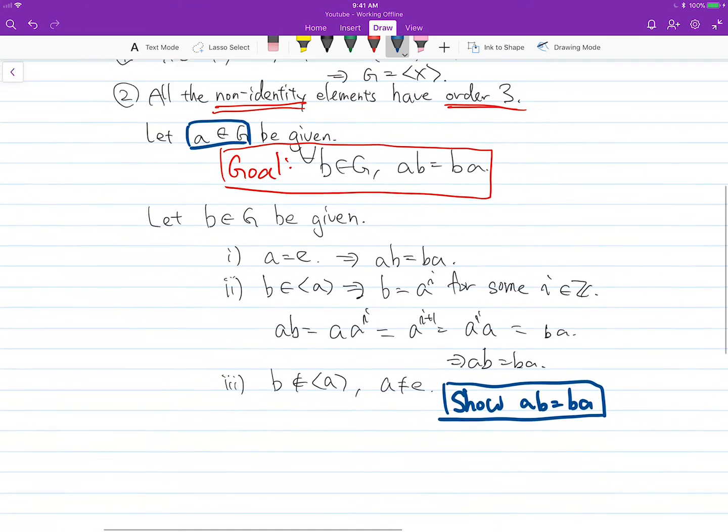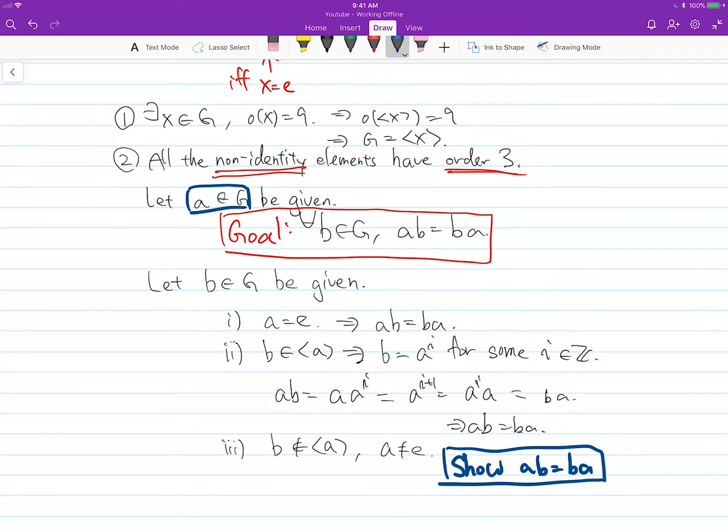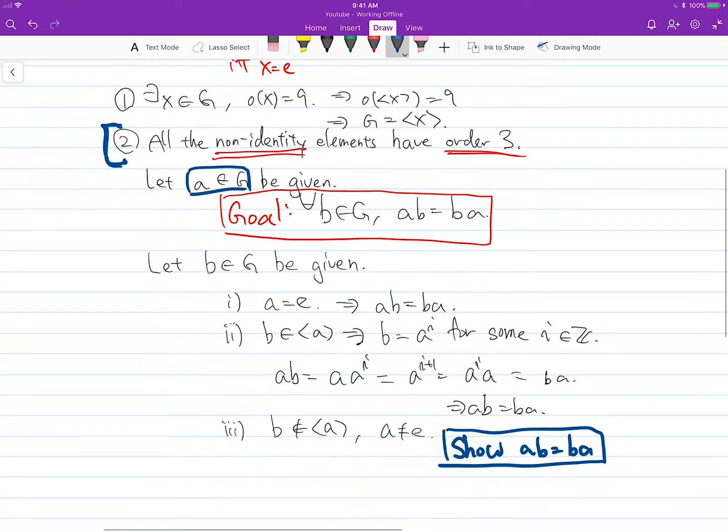In this case, when all the non-identity elements have order 3, that means this is the last case. Then if we can prove this, we'll be good.